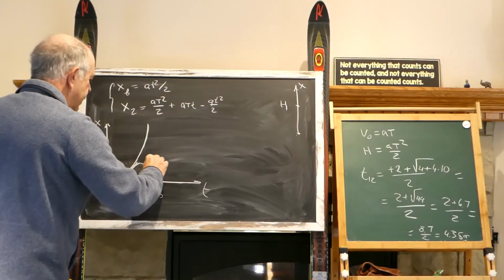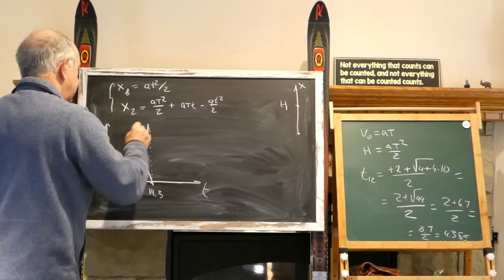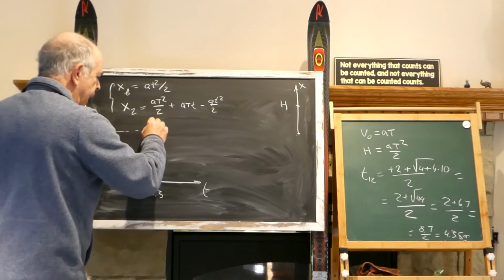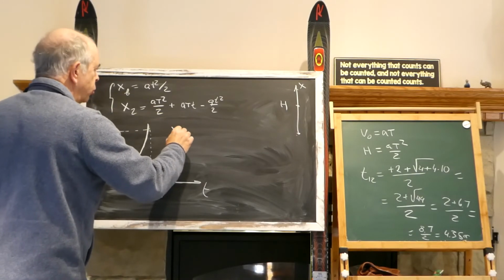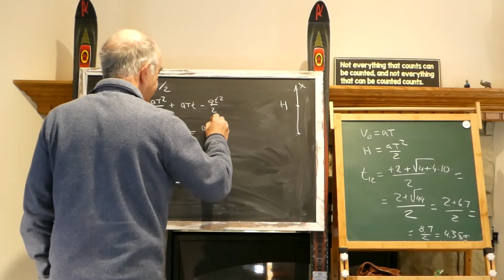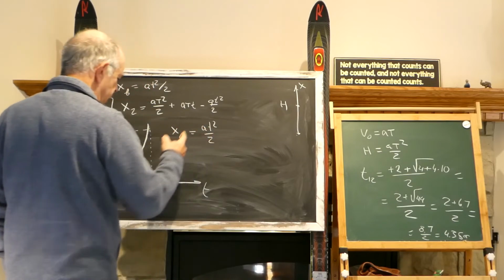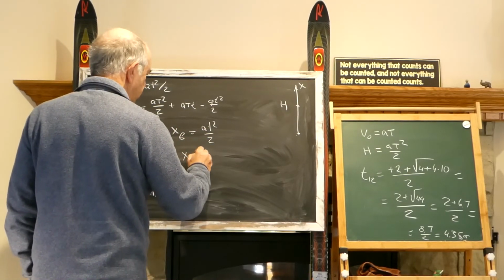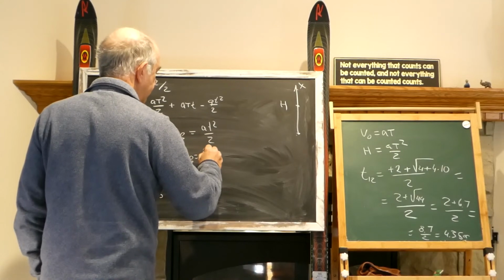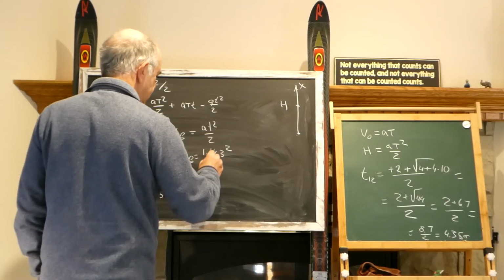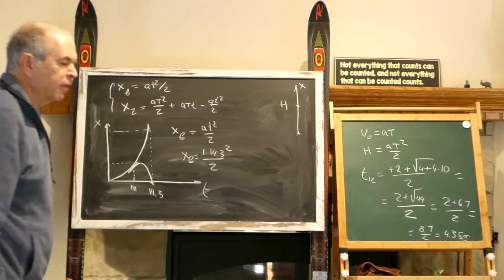And the balloon, meantime, will go here, and the x of the balloon at that time would be a t squared over 2, only the time would be 14.3. So x of the balloon would be a is 1, 14.3 squared divided over 2.